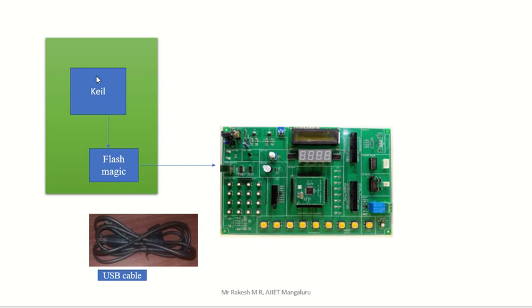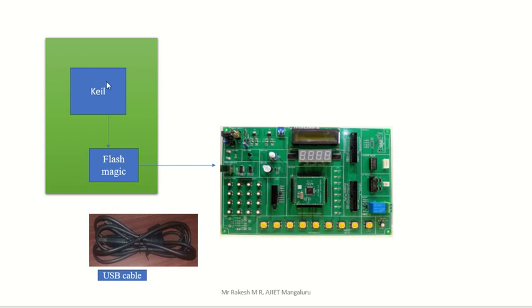and after some operation or some setting, we have to convert our code, that is the embedded C code we are writing in this Keil. That code we have to convert into a hex file. Hex file means the extension name is .hex. The file name may be anything, but the extension is .hex format. That conversion is required.